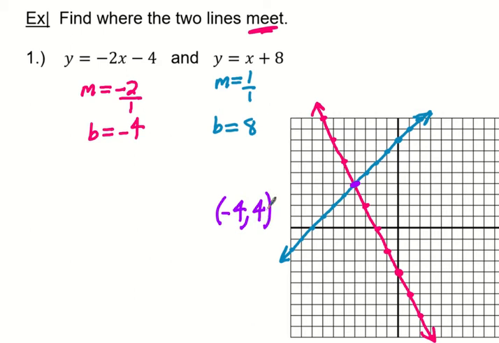So this -4, comma 4 would solve the entire system, because -4, comma 4 would plug in to solve this equation, and it would also plug in to this equation to solve it.